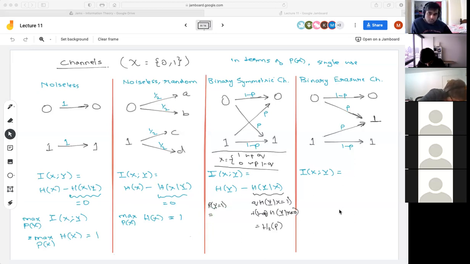It's that you started with a 1, which happens with probability q, and you kept it, or you started with a 0 and you flipped it. Those are the two ways in which you can end up with y equals 1.